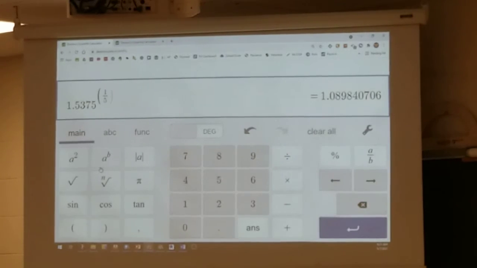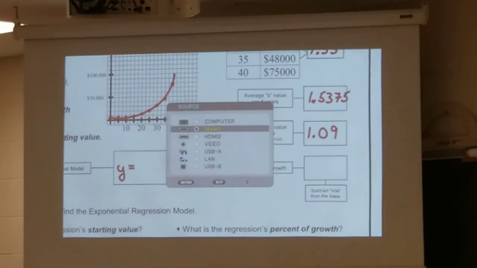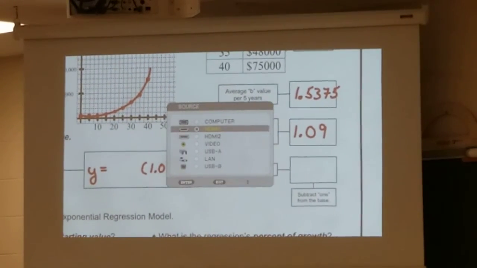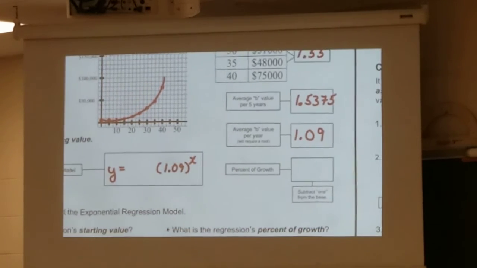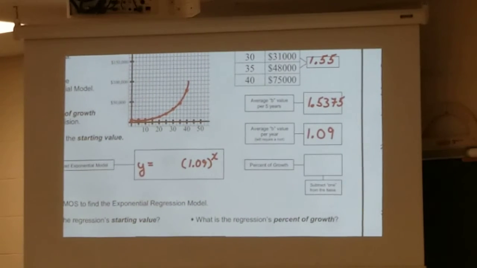And in this case, I also had to do a reciprocal. I forgot to flip the screen, but let me show you what I did here. I took 1.09, I filled it in as the base. And just take a deep breath. What we're trying to do is come up with an equation. Okay, it took a little bit of work, but right now we know that the base is 1.09.